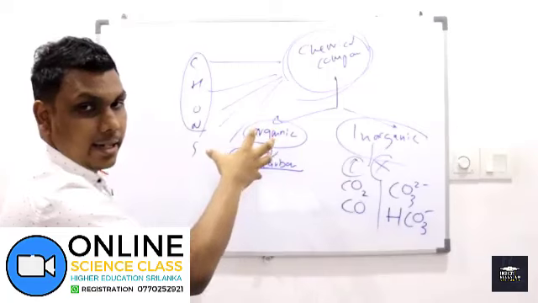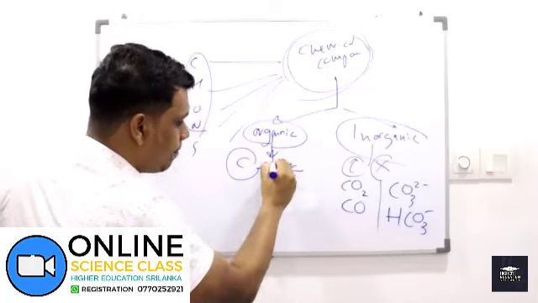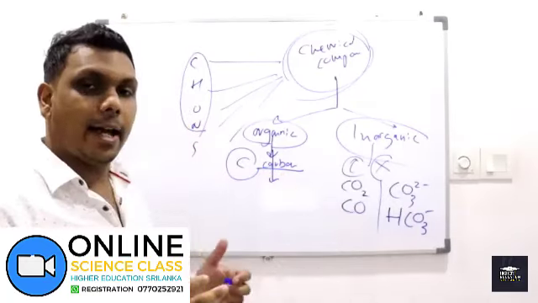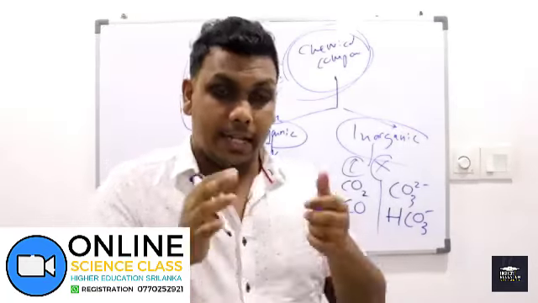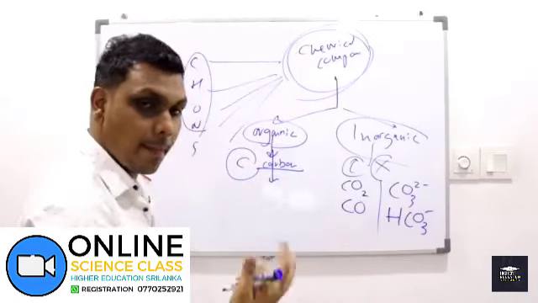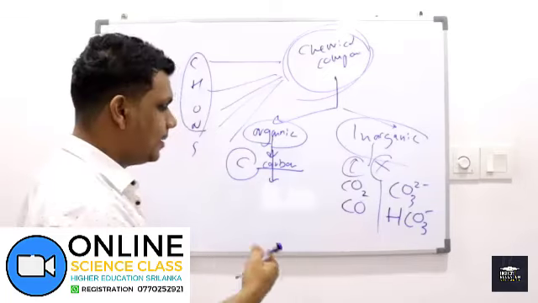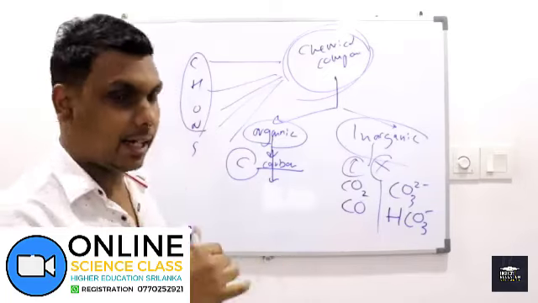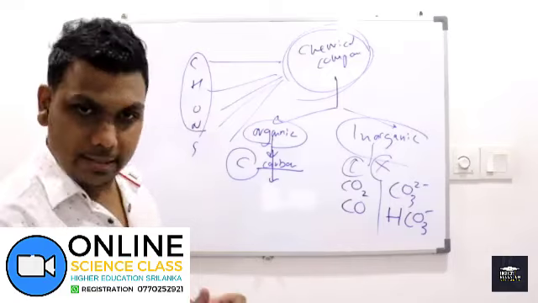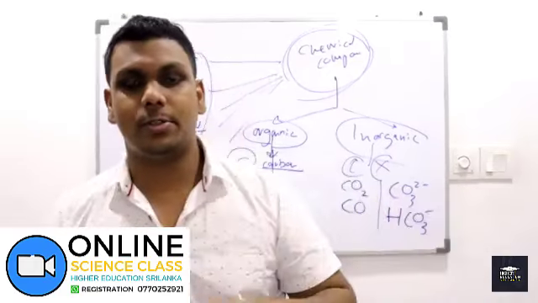One category is organic compounds, the other category is inorganic compounds. Under organic compounds, there are certain types of organic compounds which make up our body, the human body, the animal body, the plant body, whatever it is, the living tissue. Not all organic compounds come together to make the living body.